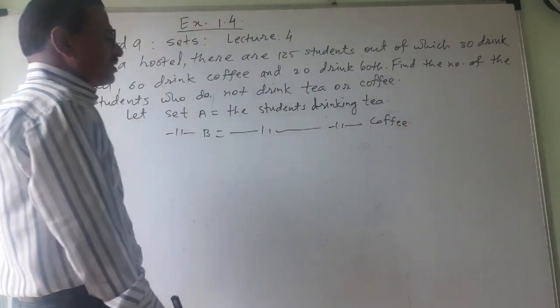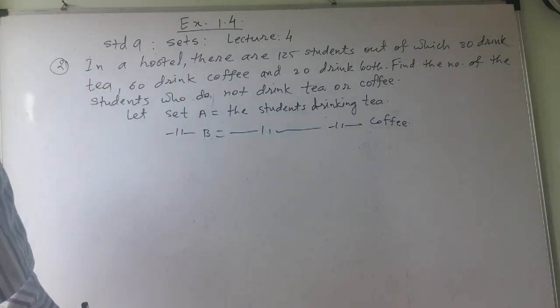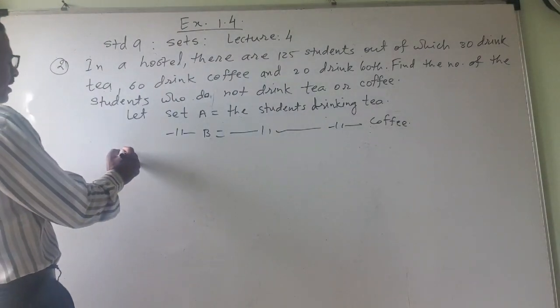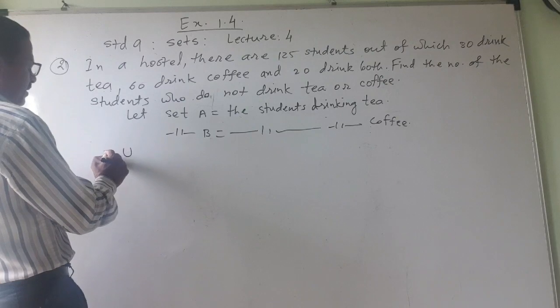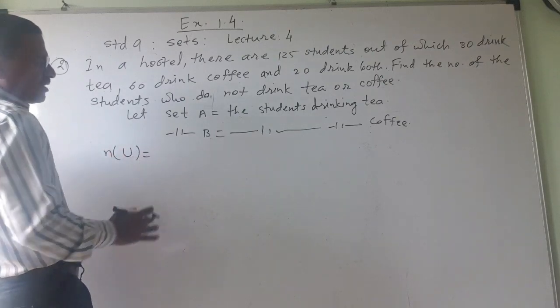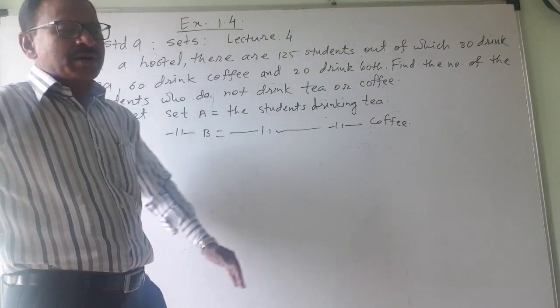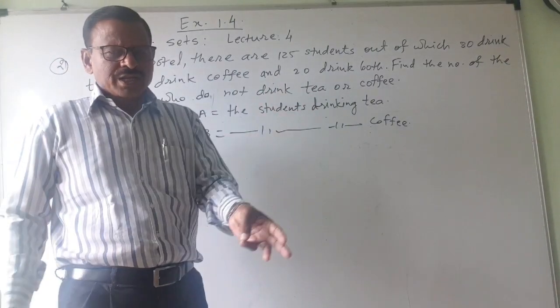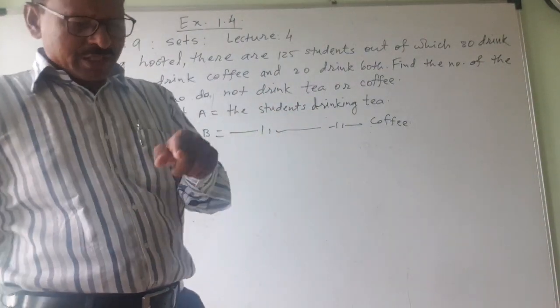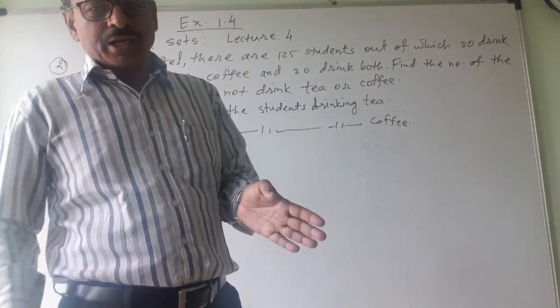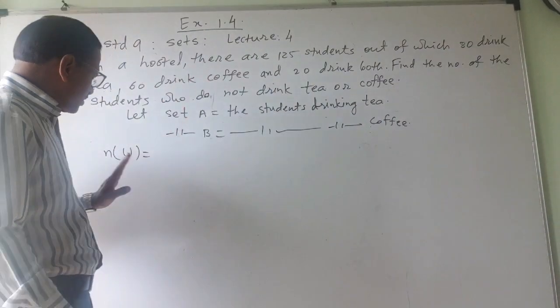So these are the two sets, A and B. Now U, the universal set, is the hostel. It comprises all drinking, either this or that, or both, or non-drinking also. So all the students are here.